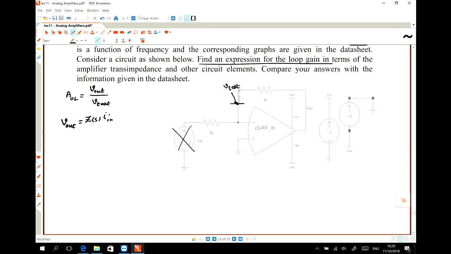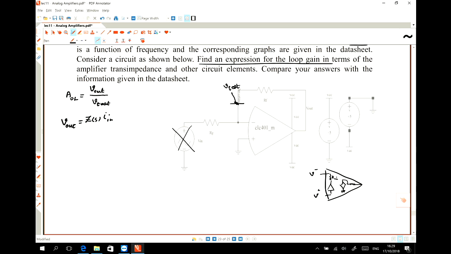If you remember, the shape was like this: we had a buffer here, we had R in, so this is R in, this is the buffer, and then here is V minus, here is V plus, and then we had a current source here, and then a resistor and ground.